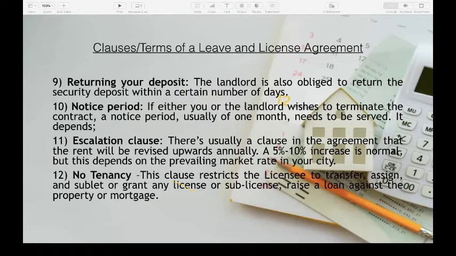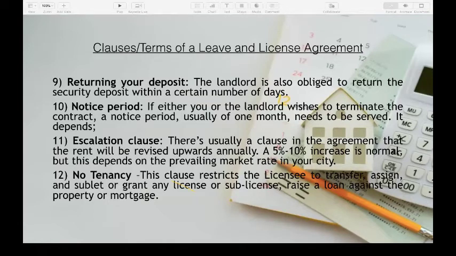Now, moving ahead to the escalation clause, usually there's an escalation clause in the agreement that the rent or the license fee will be revised upwards annually. I'm talking about leave and license agreements which are for a longer duration, because the terms are fixed for a given number of years, for example 5 years, and the market value drops and sometimes goes above.